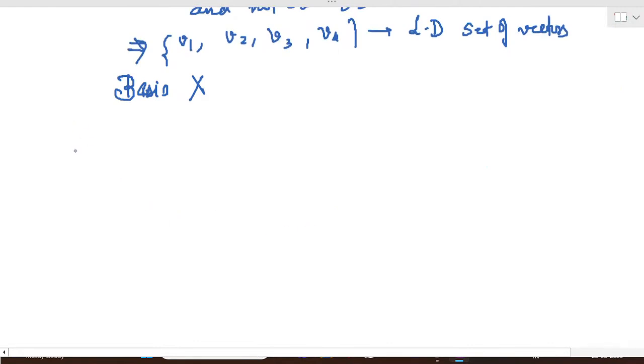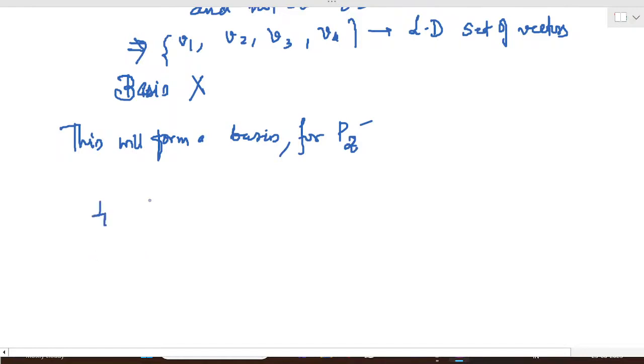This indeed will form a basis for P2. P2 is again the set of polynomials with degree at most 2. So this is 1, x plus 1, and then x square plus 2x. This will form a basis set.